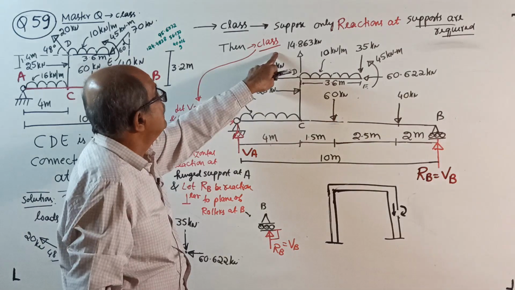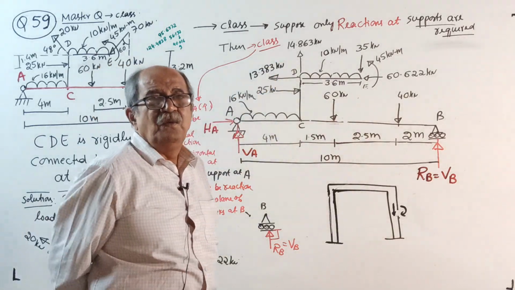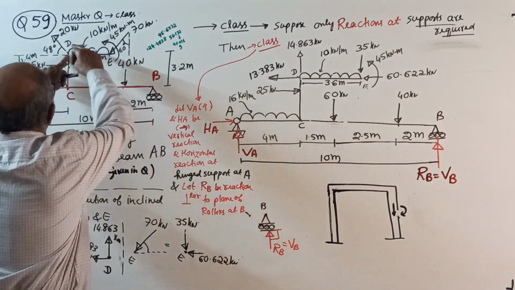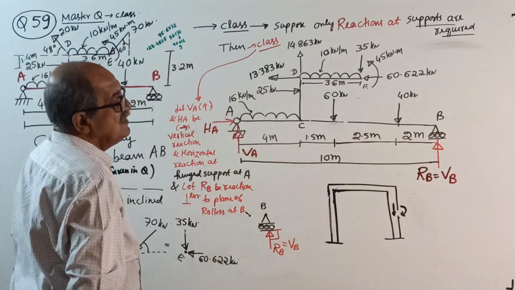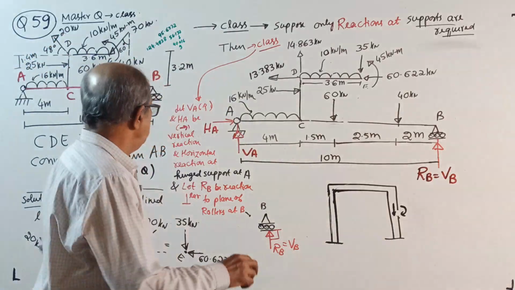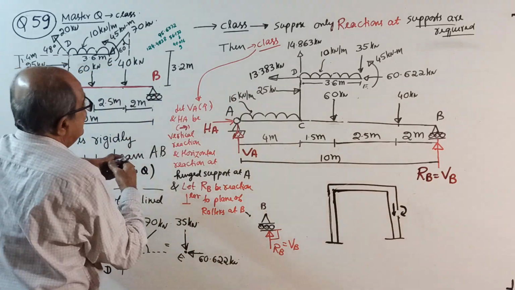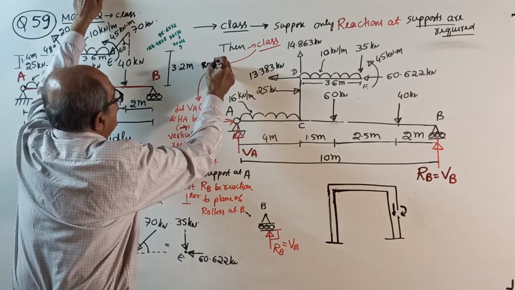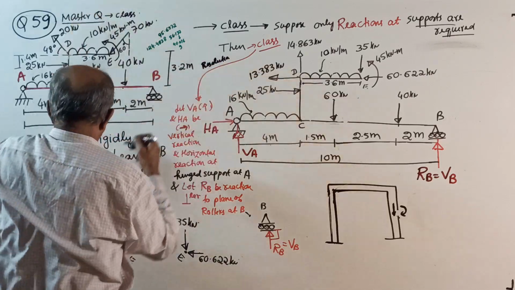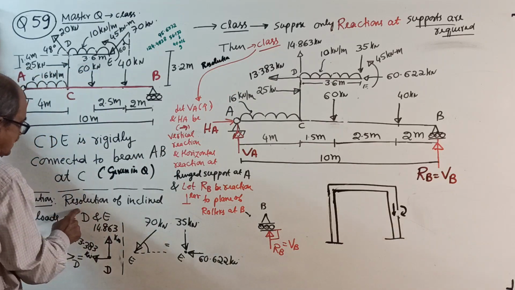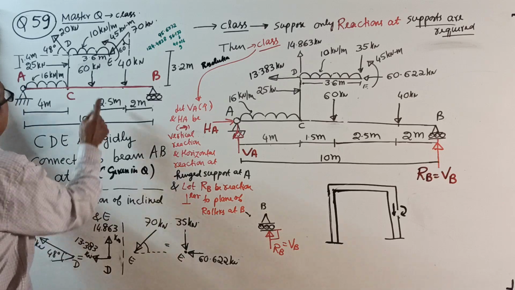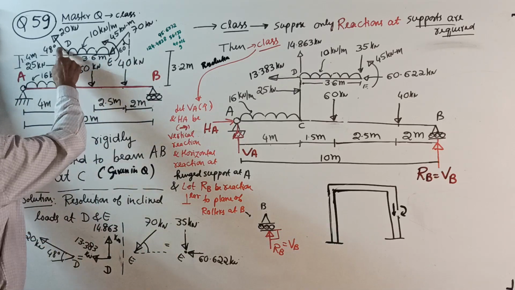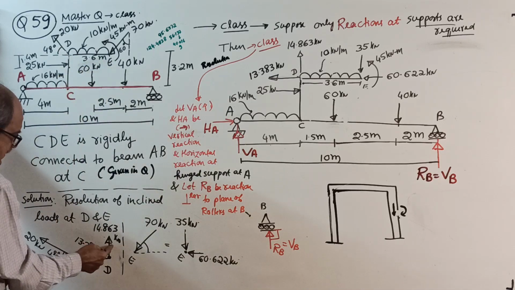But one thing is important. There are two inclined forces, inclined loads, 120 kN and 70 kN. They should be resolved. Therefore, you start here with the first step, resolution of inclined loads at D and E. At D, going this way, they told 48 degrees, components are here.